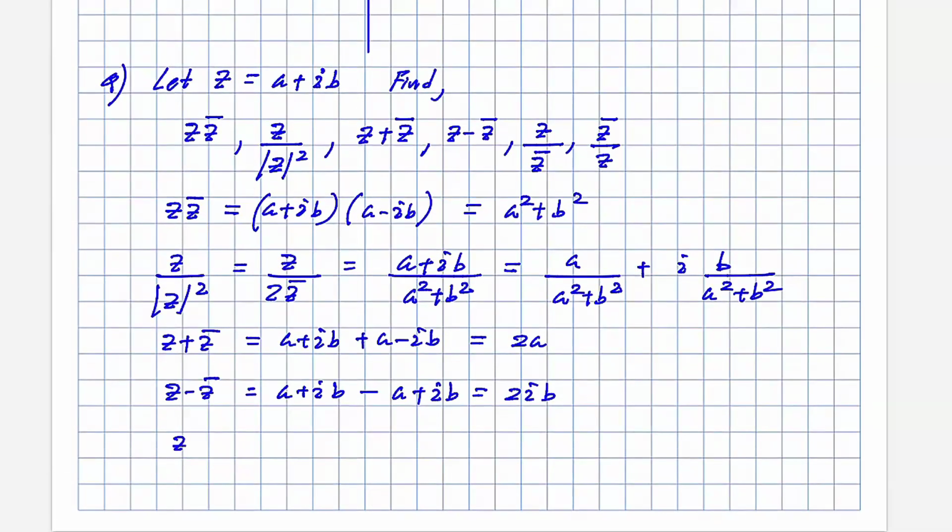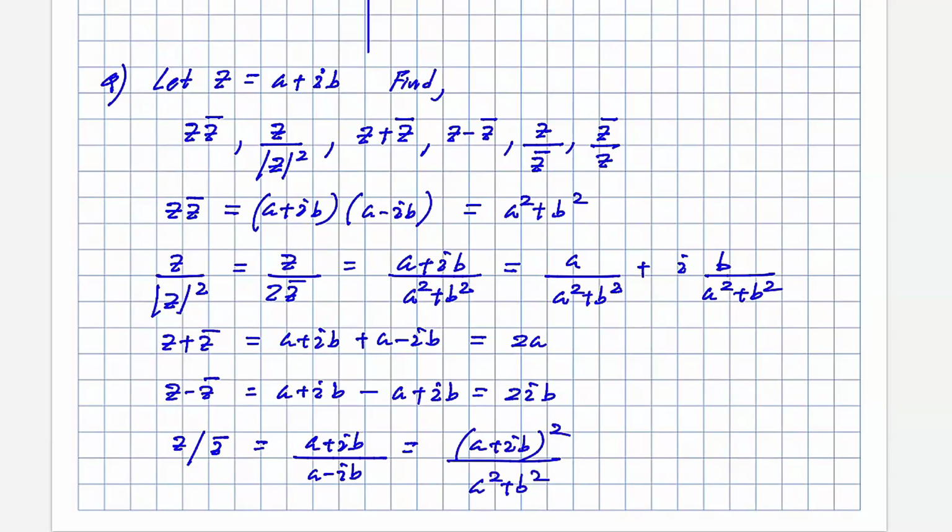Then Z divided by Z bar. Z divided by Z bar is a plus ib. Z bar is how much? Is that right? Oh, it's wrong. Z bar I have, yeah, a minus ib. So it's going to be what? a squared plus b squared, a plus ib squared.